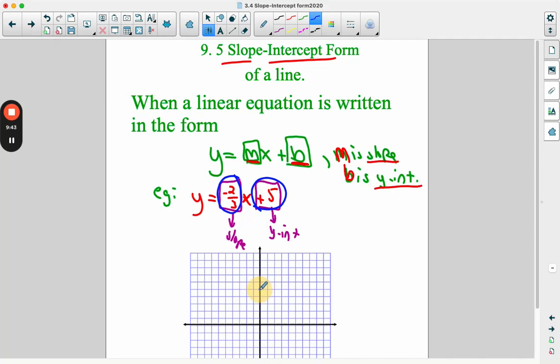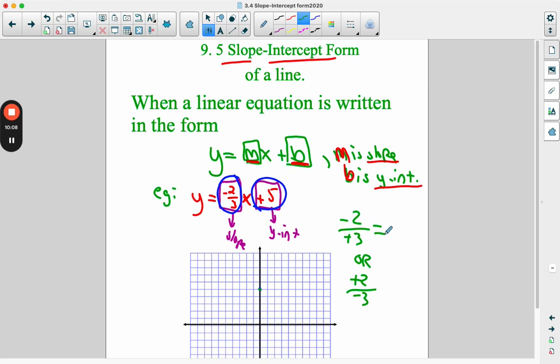A y-intercept is nothing more than a point on a graph. So that's this point right here. A slope of negative 2/3. Remember, a negative slope is a negative over a positive, or a positive over a negative. It does not mean that both of the numbers are negative. If you wrote it as a negative over a negative, that would actually have a positive value.